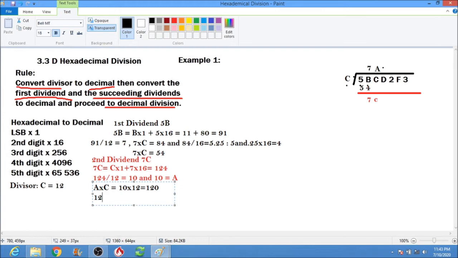So 120 divided by 16 is 7.5. And 7.5 becomes 0.5 times 16, and that will be 8.